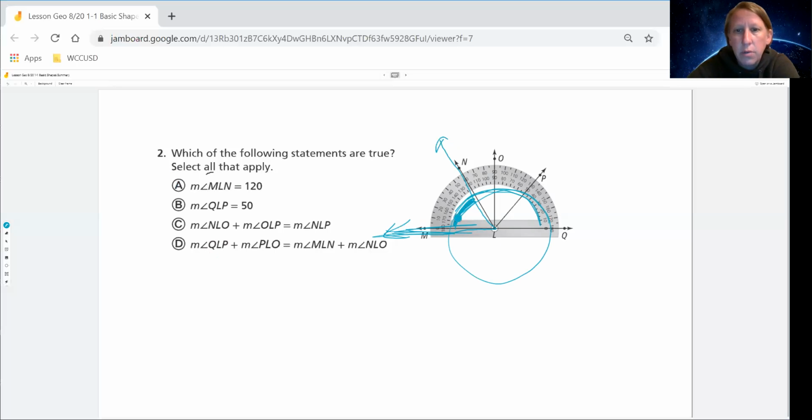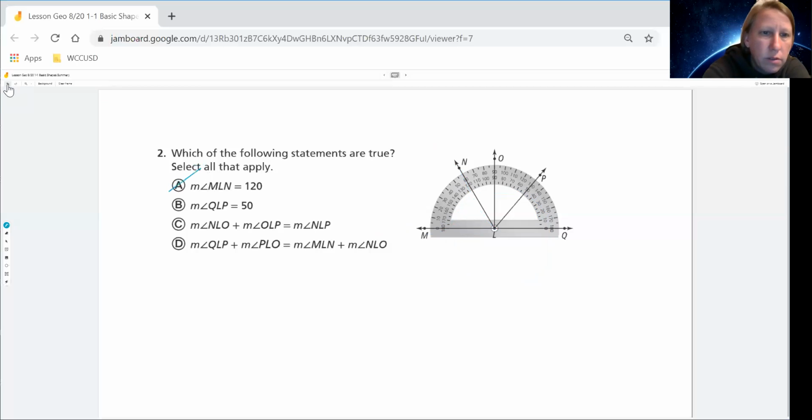The distance in between here is not that far. So this is a not correct answer. I'm gonna get rid of that. Okay, that is way too small to be 120. No. Let's look at another one. The measure of angle QLP.